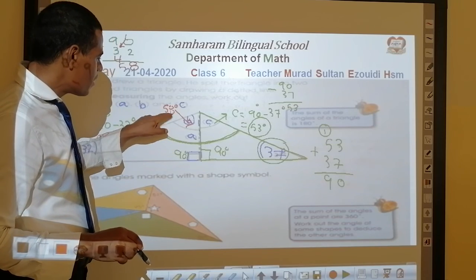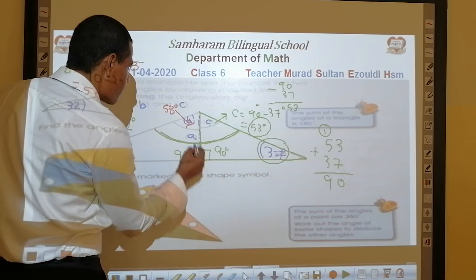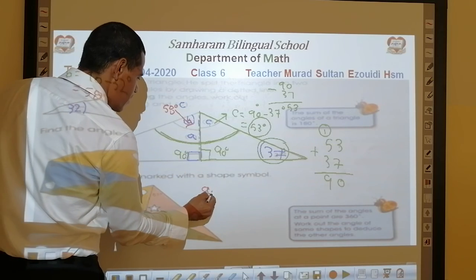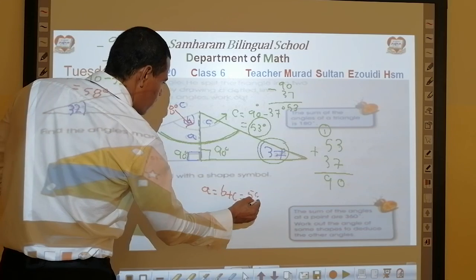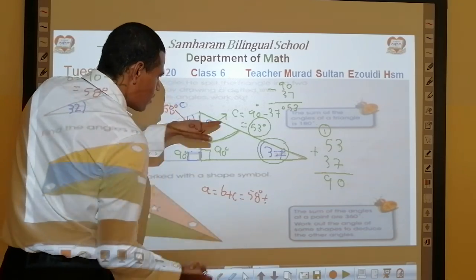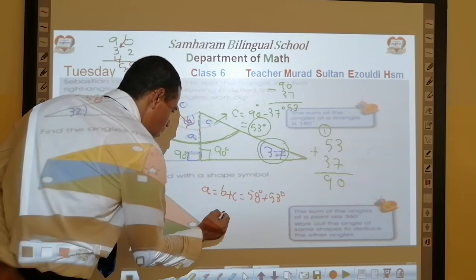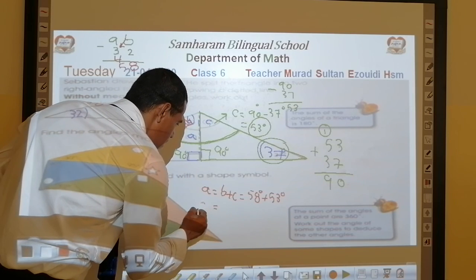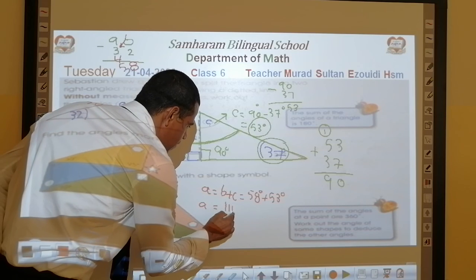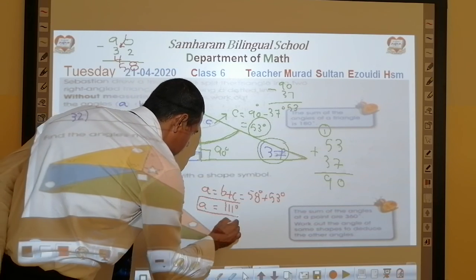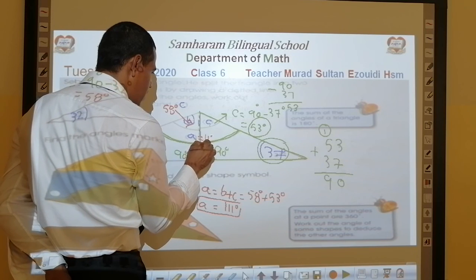So A is what? All of this is A. We can write this here. A is equal to B plus C, equal to 58 degrees plus 53. So A equals 111 degrees. So A is equal to 111 degrees.